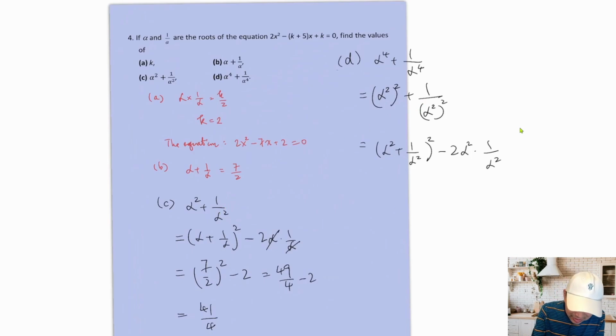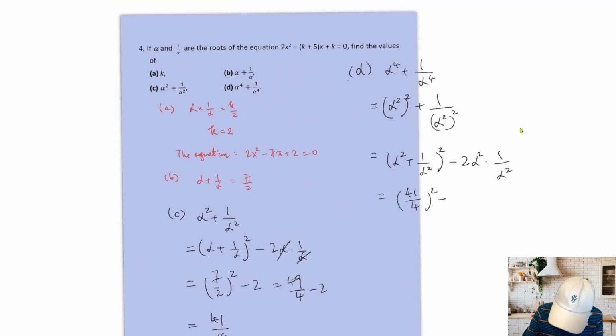So the first bracket we have the answer from part C, 41 over 4, squared, minus 2. The final answer is 1649 over 16.